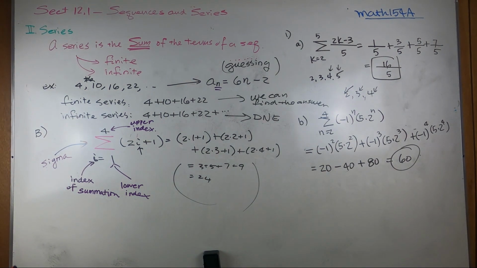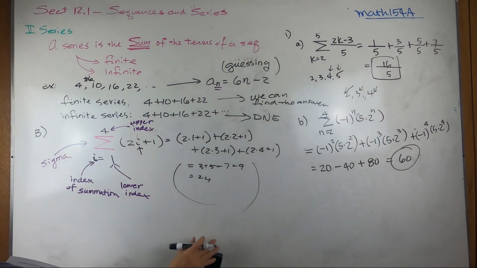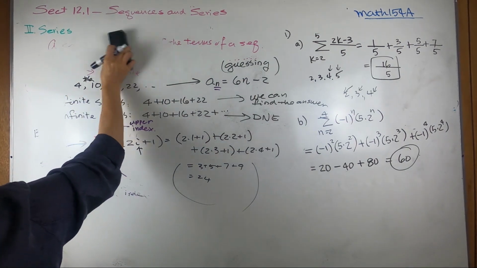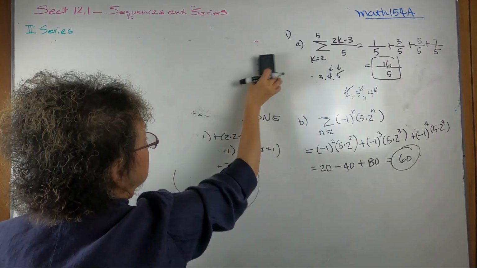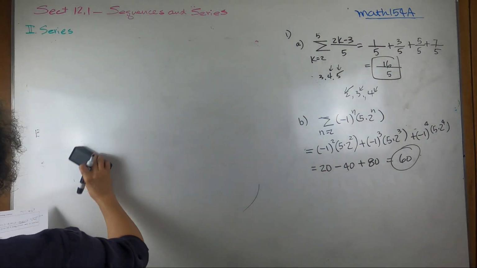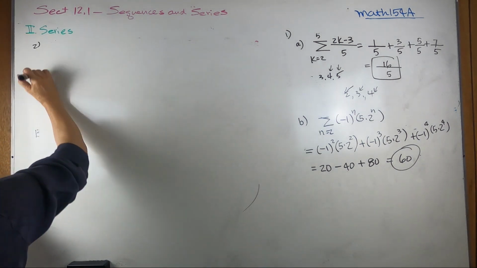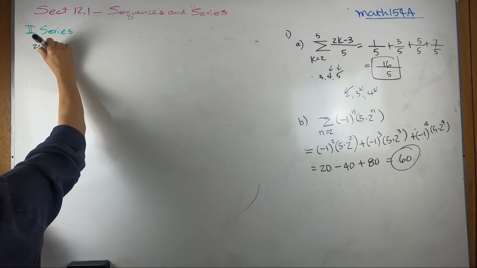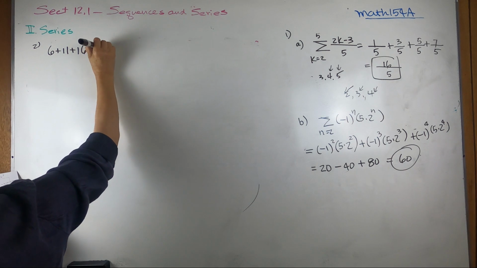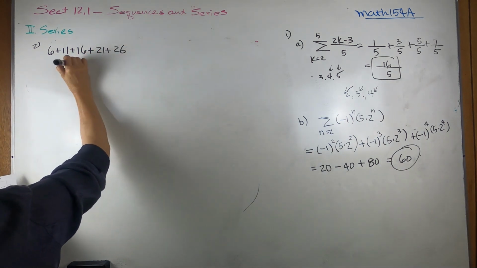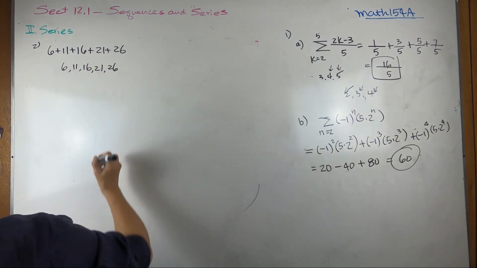Okay? So if we give you a summation notation, sigma, then you need to add them up and find the answer, right? If we have this one, we give you a sequence, right? Sequence means what? 6, 11, 16, 21, 26.